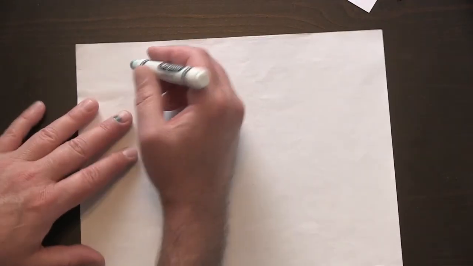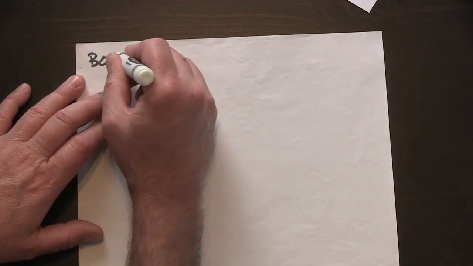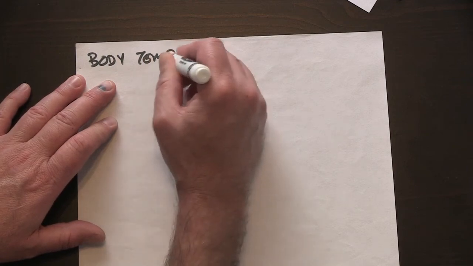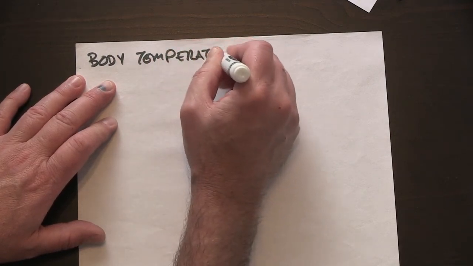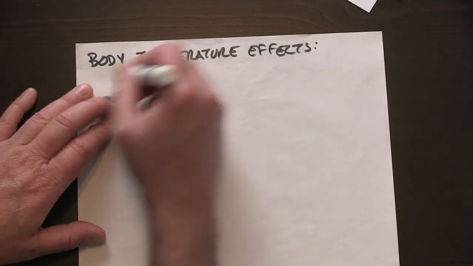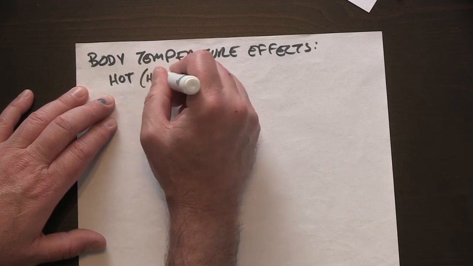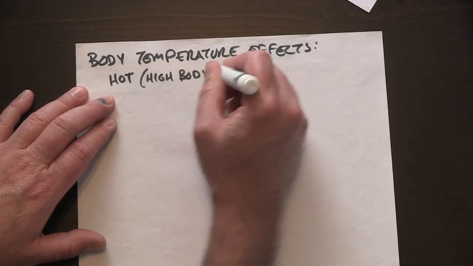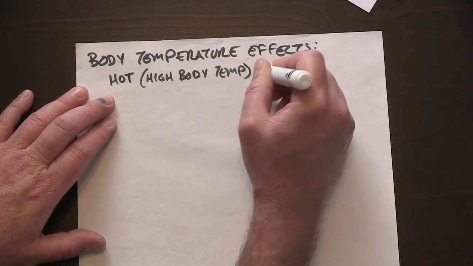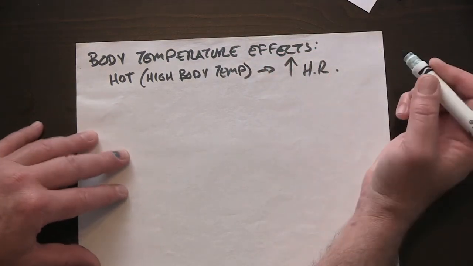There are some, well, I guess this isn't really external, but your body temperature will affect your heart rate. So if you're hot, or your warm body temperature, that causes an increase in your heart rate.